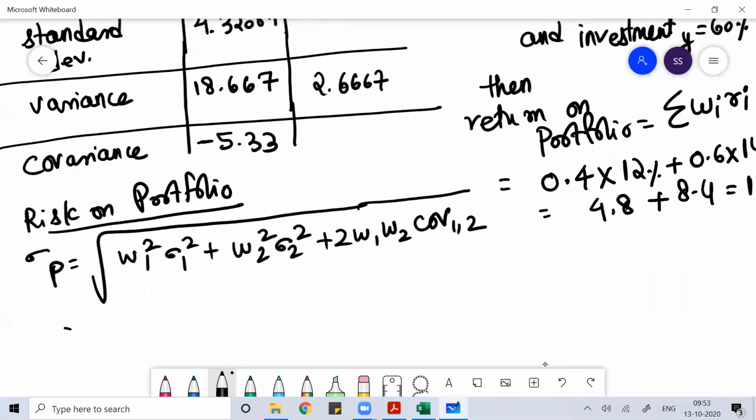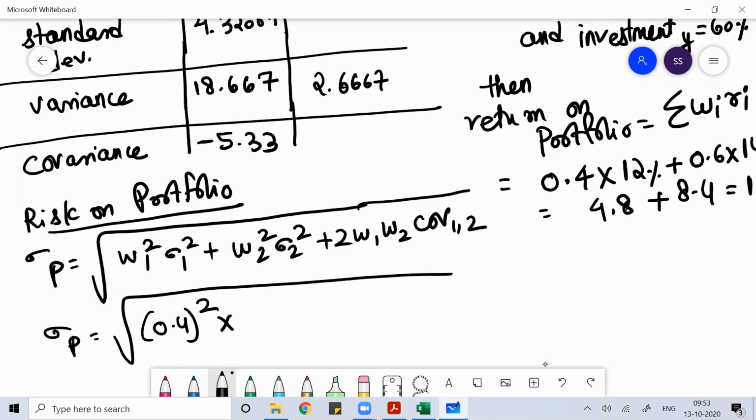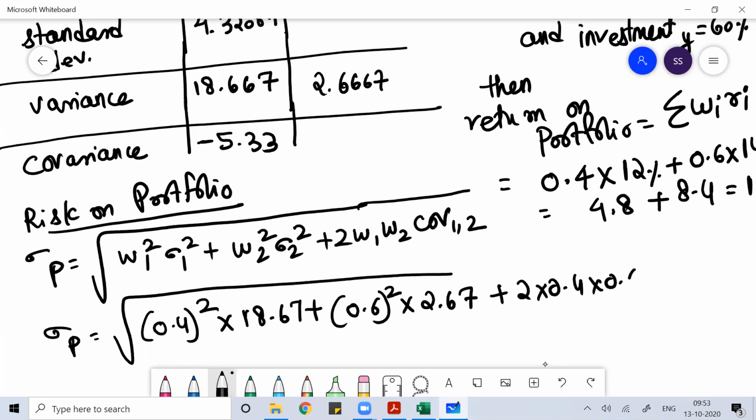Here W1 is 40% of the money on stock A. The variance of this is 18.67, plus 0.6 square into 2.67, the variance of 2, plus 2 into 0.4 into 0.6 into the covariance of minus 5.33.